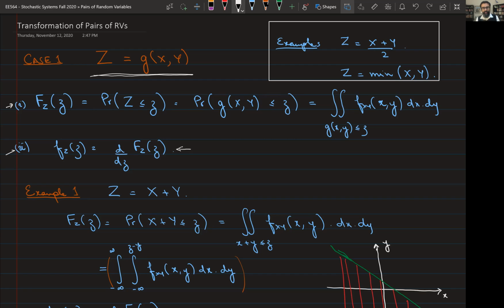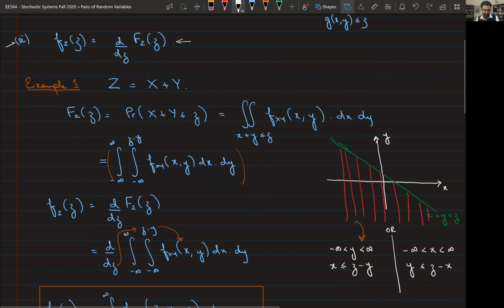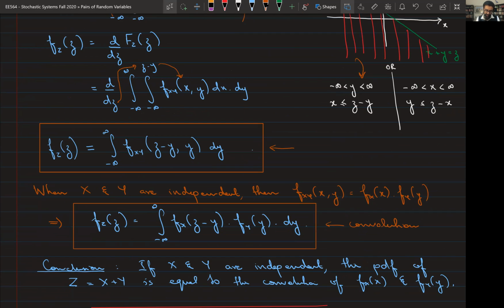Then we started talking about some examples. The first example was if x and y are jointly distributed, and z is the sum of x and y, right? We did some analysis, some derivations, and this is the conclusion we had.